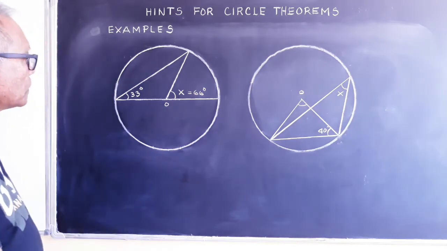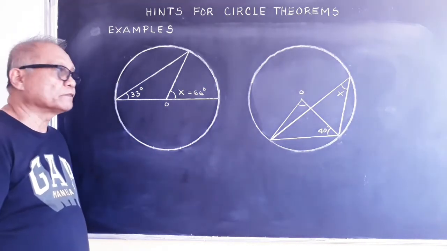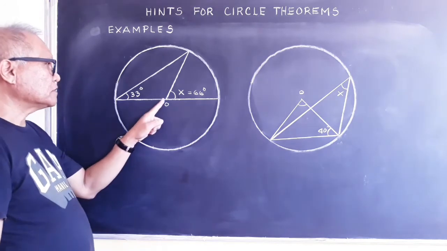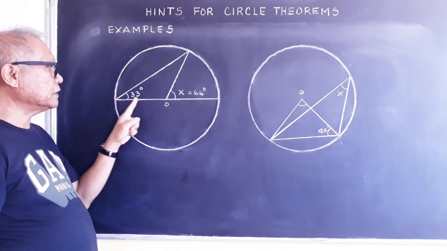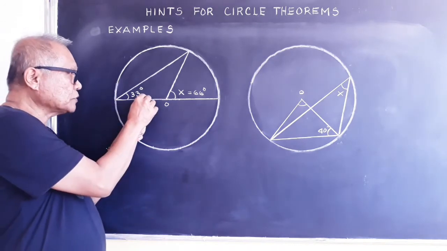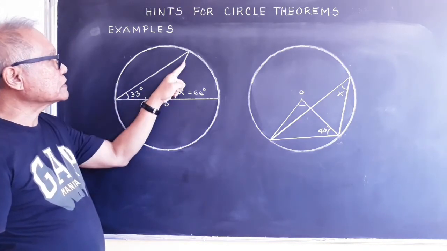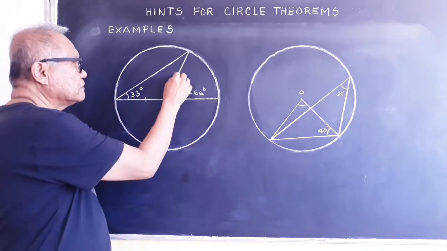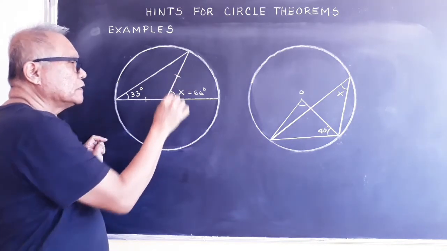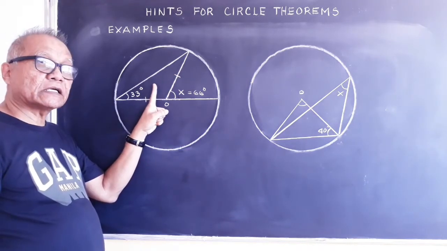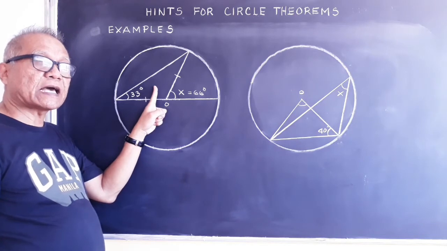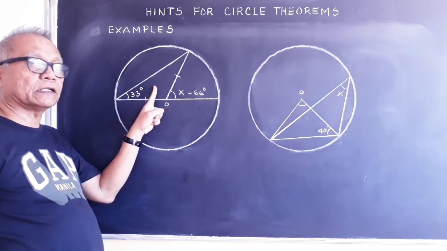degrees. Now let's have another solution. Can you see this O going here? This one is the radius here, and the other radius is this side. So we have another radius. Therefore, in this triangle, this is an isosceles triangle.